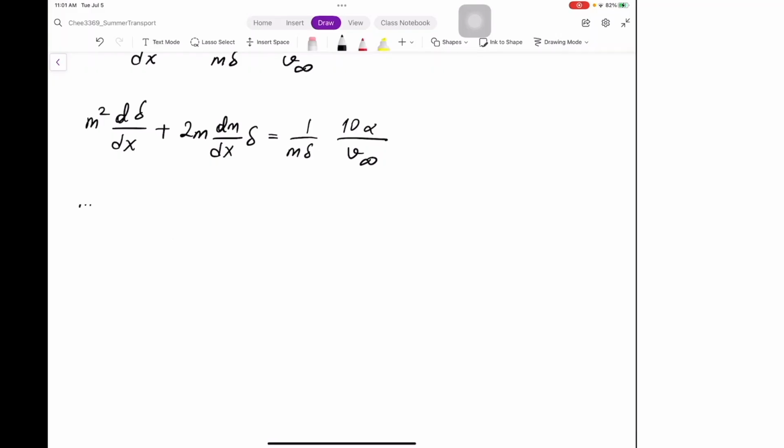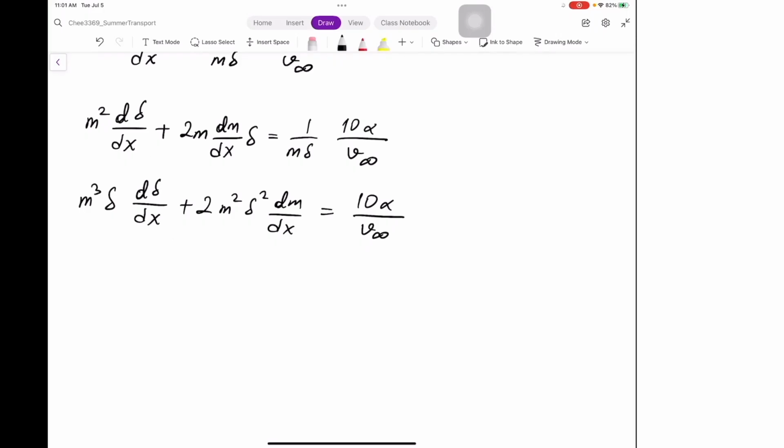You get m cubed delta d delta over dx plus 2 m squared delta squared dm over dx is equal to 10 alpha over V infinity, right?